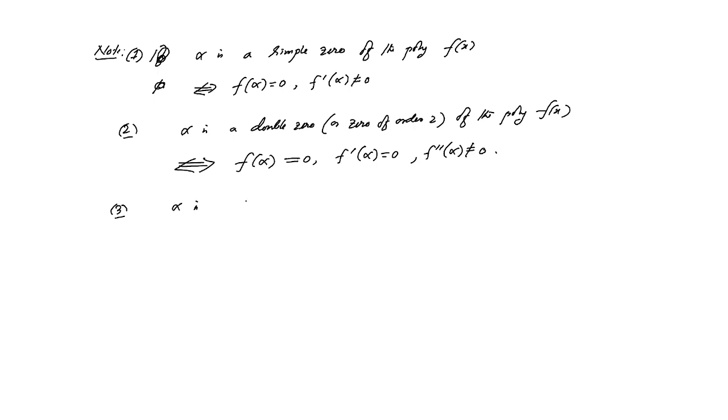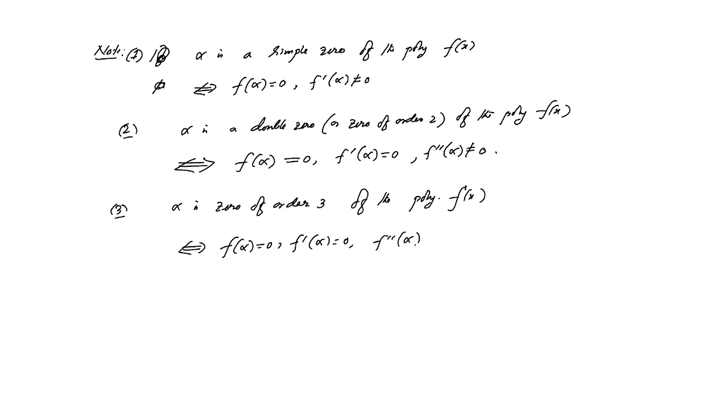So alpha is a zero of order 3 of the polynomial p(x) or f(x) if and only if f alpha equals 0, f dash alpha equals 0, f double dash alpha equals 0, but f triple dash alpha is not 0. Okay, so that we need to recall.